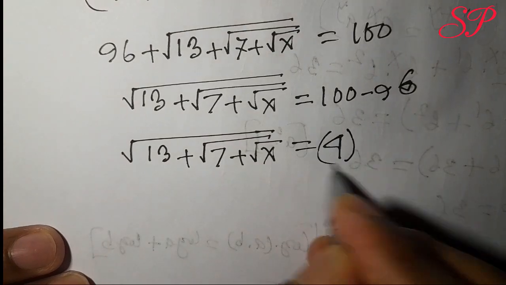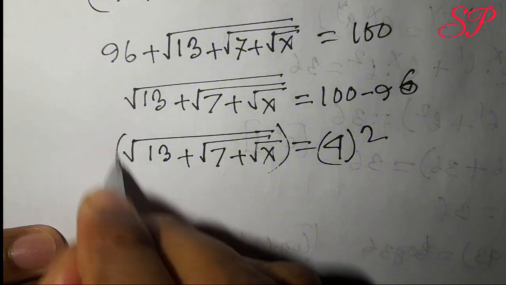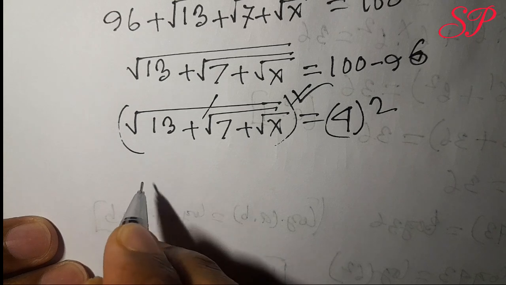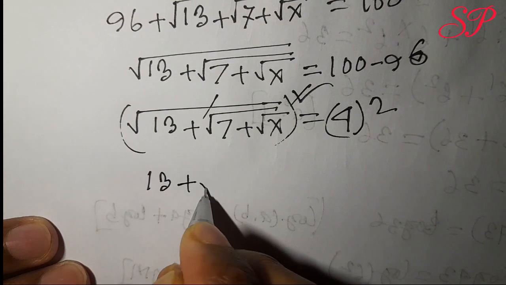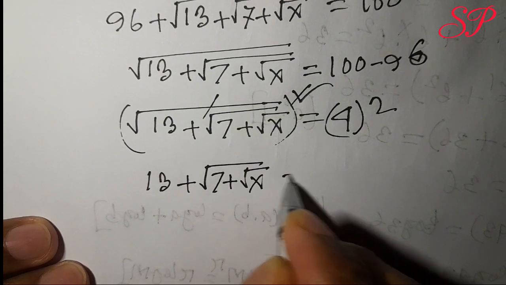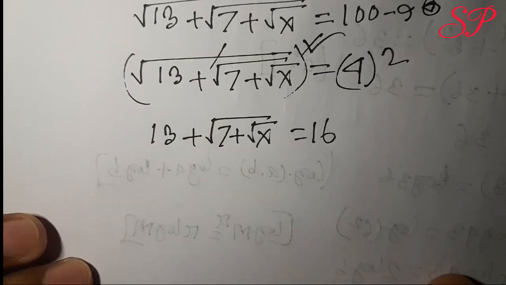Again, square this equation on both sides. We can write square and root cancel. Then we can write 13 plus root 7 plus root x is equal to 16.